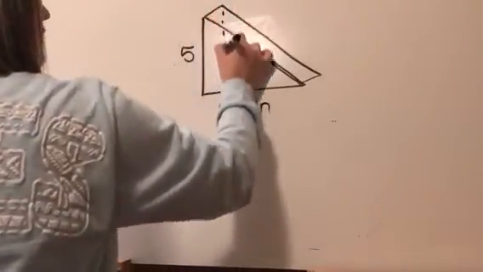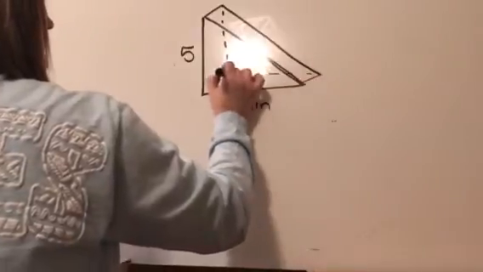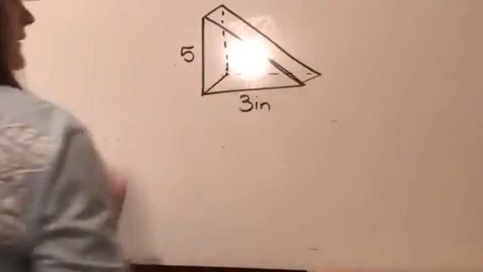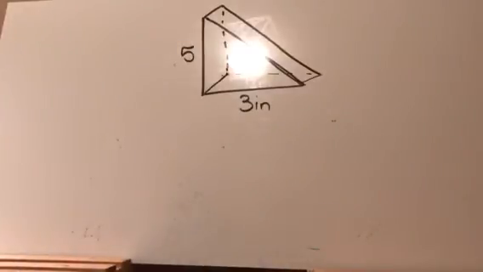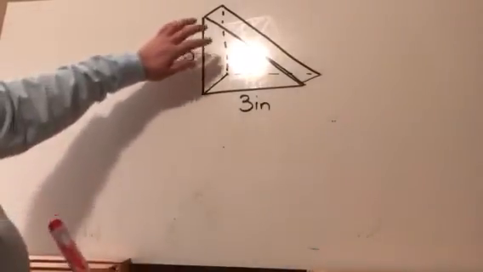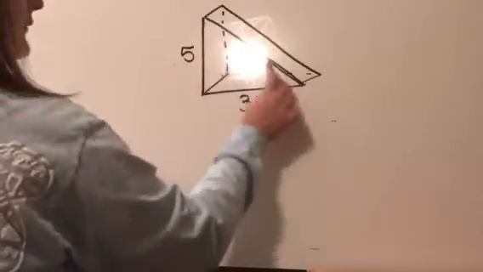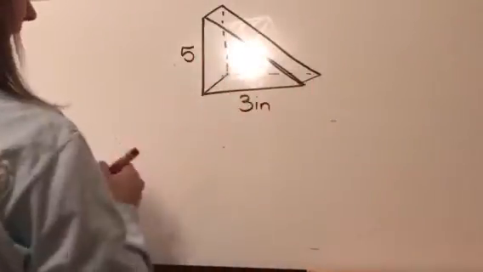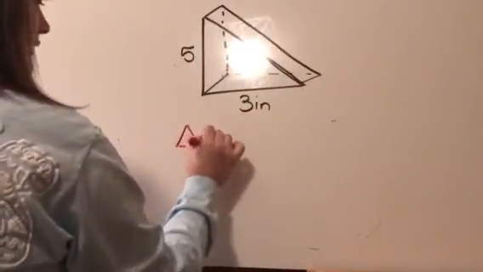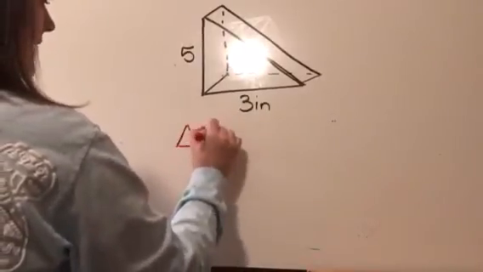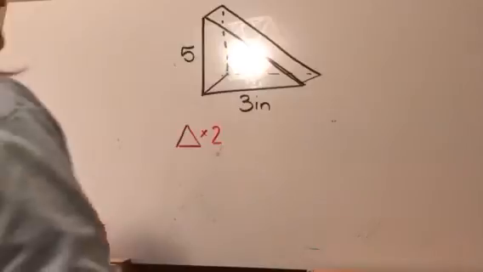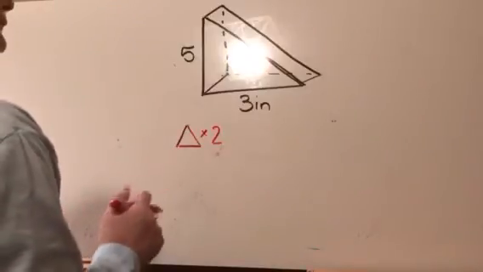Alright, so if I was to draw this triangle in, you can kind of see it now a little bit more. And it does play tricks on your eyes, so you have to be careful. But if you notice, we still have two triangles: the triangle in the front and the triangle in the back. So I always like to do my triangles first, since I have two of those, and that is what we consider our base, since it is a triangular prism.